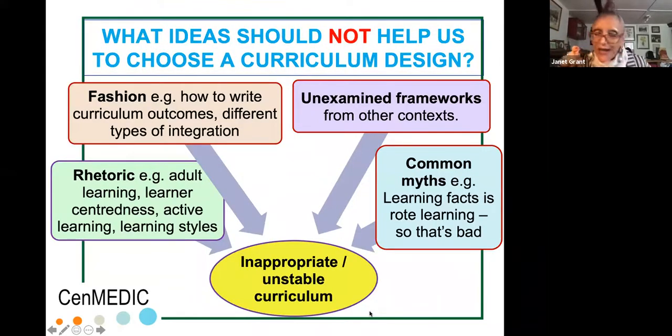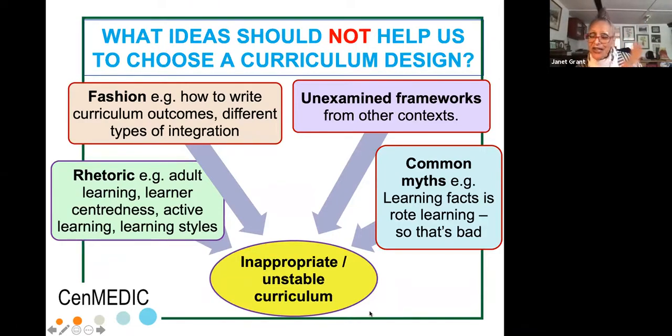There are some ideas which, in my opinion, should not help you to choose your curriculum design. While you're trying to produce your graduate within your resources and your context and your values and your culture, there are some things that should not help you to choose your design. Rhetoric.